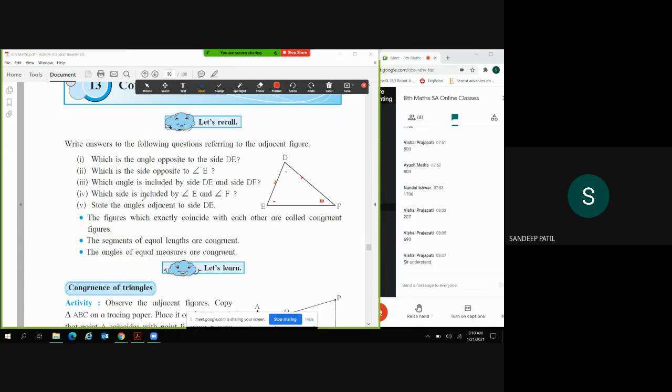विच साइड इज इंक्लूडेड बाय एंगल ई एंड एंगल एफ, एंगल ई और एंगल एफ से कौन सी भुजा बनी है? सो ई एफ, राइट? स्टेट द एंगल एडजेसेंट टू साइड डी ई, डी ई के एडजेसेंट में कौन कौन से एंगल है? सो एंगल डी है और एंगल ई है। ओके, सो ये आपको हमने सीखा होगा previous standards that these are the sides and these are the angles, three angles.